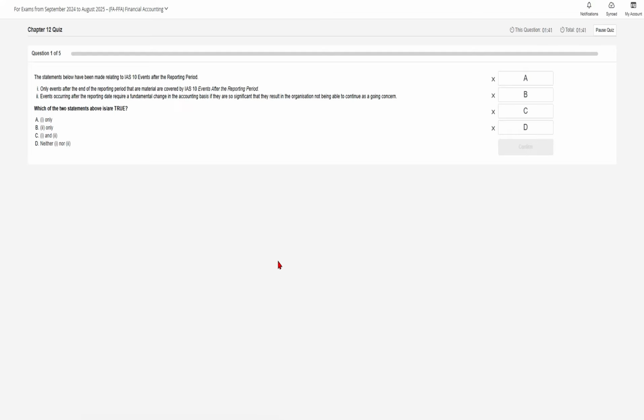So basically this statement is true. Why? Because according to IAS 10, this standard will apply to material events that have occurred between the end of the reporting period and the date when the financial statements are authorized for issue. Immaterial events are not considered under this standard, so that's why statement one is correct.